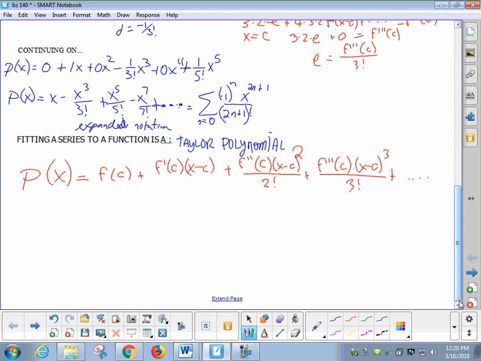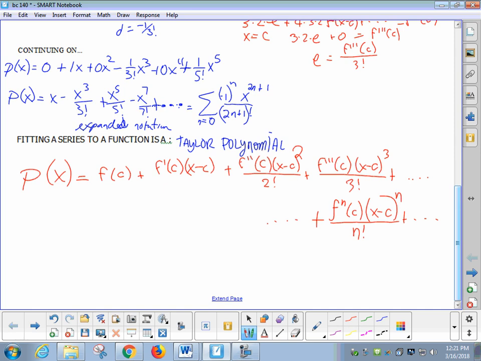So generally speaking, the general term is the nth derivative at c times x minus c to the n over n factorial, and it continues on forever after that as well. That is how you find a Taylor polynomial.